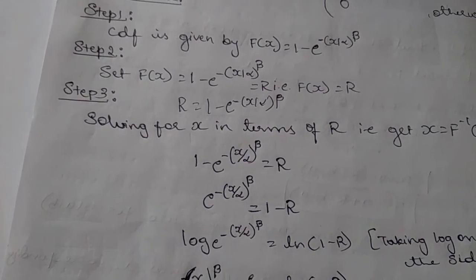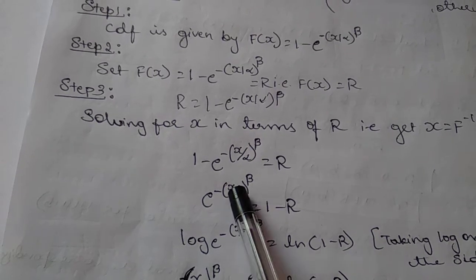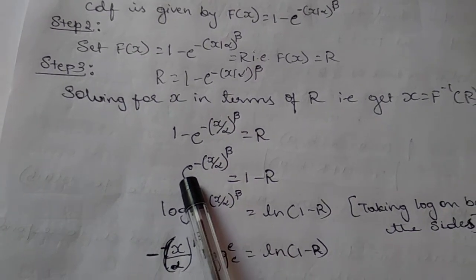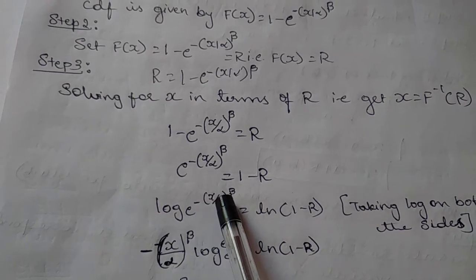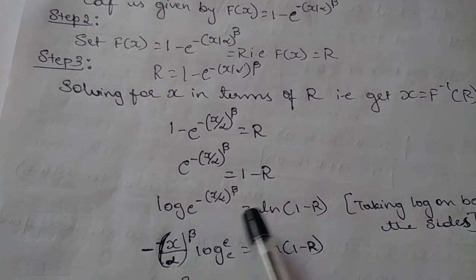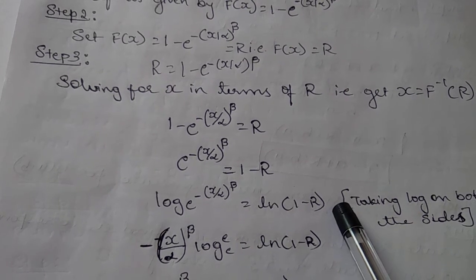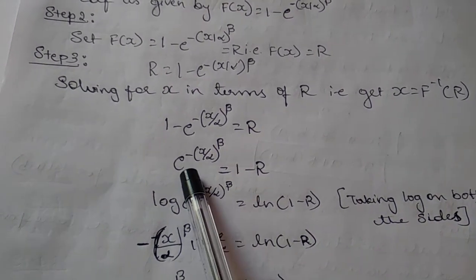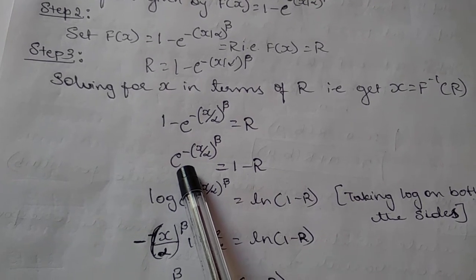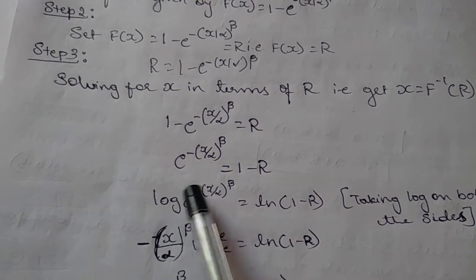If you have any exponential function to solve for x, you have to take the logarithmic function. So taking log on both sides, you will get log of e power minus (x by alpha) whole power beta equals ln of 1 minus R. Always when taking the log of this exponential function, the base itself is also e, so log to base e.